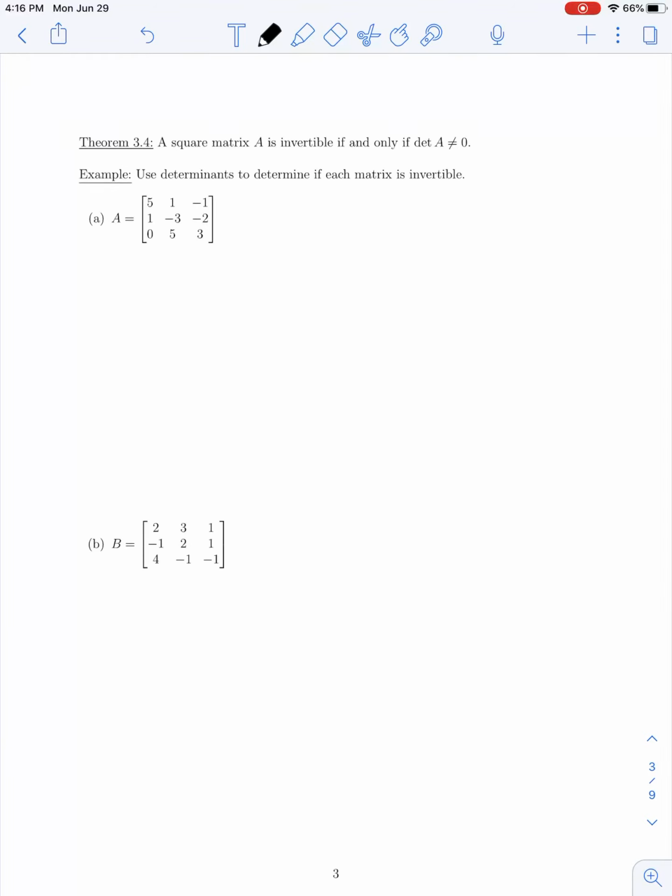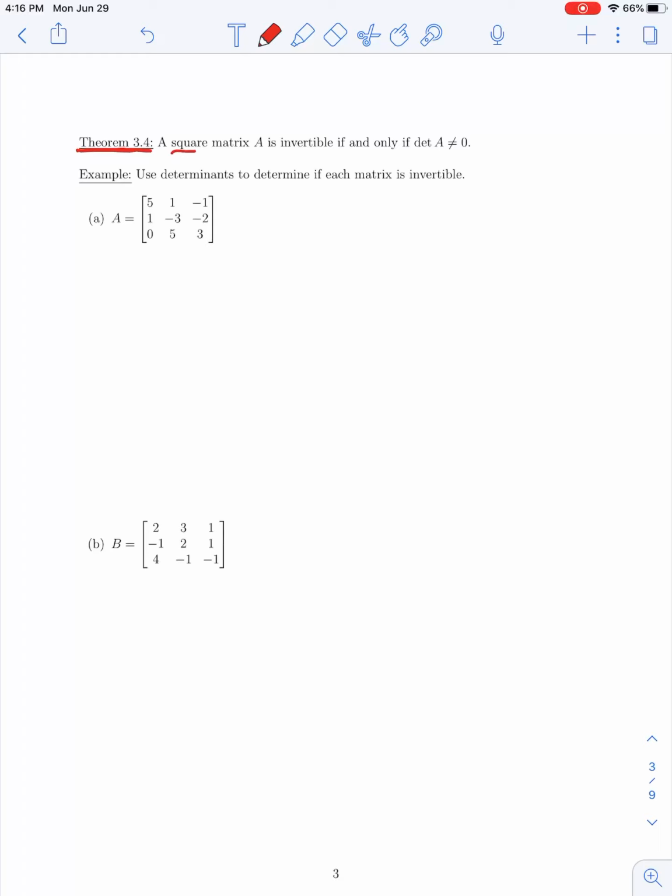Now, the next property of determinants that we'll look at is one that we've already explored a little bit in the previous sections. So this result, theorem 3.4, is an extension from the cases that we had seen earlier, where we were working just with 2 by 2 matrices.